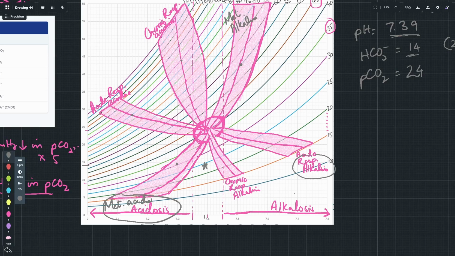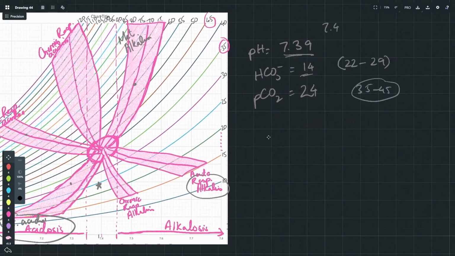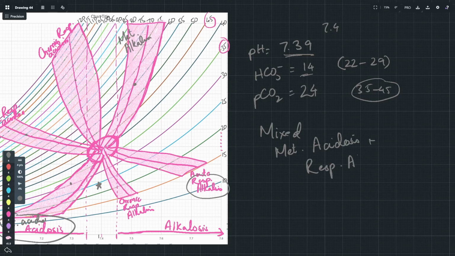So just by putting this point, you can understand that this is a mixed acid base disorder, with mixed elements: metabolic acidosis plus respiratory alkalosis.